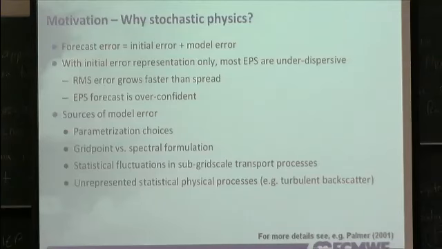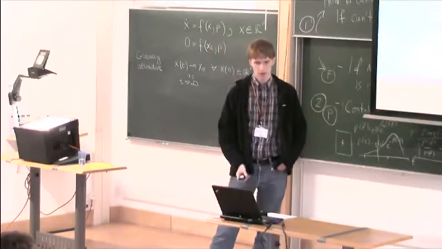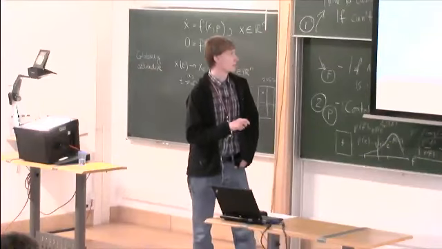And sources of the model error are based in the model formulation in terms of parametrization choices, or simply if you use a grid point or a spectral model, then you have statistical fluctuations in the subgrid scale processes which you can't really represent with your bulk parametrization tendencies, and then there are unrepresented processes which aren't even in the model. And what we try with our stochastic parametrization is to represent the random part of all these errors.